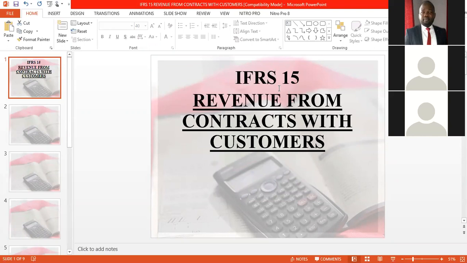In this case, it also qualifies to be under IFRS 15. So what is IFRS 15? Revenue from contracts with customers, whoever the customer is. So long as you have a contract with a customer and you get revenue from this contract, and this contract lasts for a period maybe more than 1 year, it qualifies to be under IFRS 15.